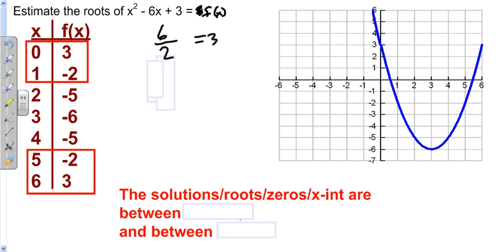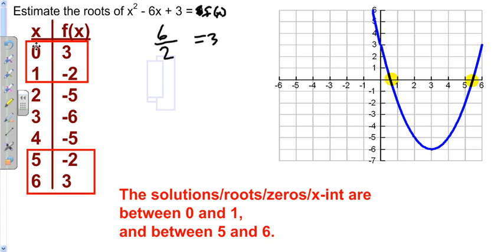We would know we would have 2 solutions because it crosses twice. Once right here, once right here. But we don't exactly know where. We just know it crosses between 0 and 1. Here we know it crosses between 5 and 6. And so those are going to be our estimates, between 0 and 1 and between 5 and 6.